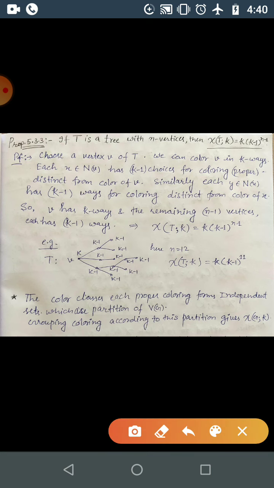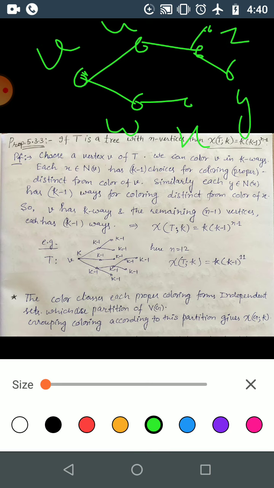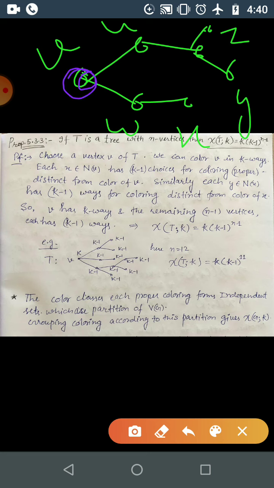And why is this happening? For a tree you have some root, or some vertex where it starts. Suppose V is this vertex, and these are U, W, X, Y, Z, the vertices of this tree. You can color vertex V by some color, color number 1. How many choices among k colors do we have for this vertex? k choices.